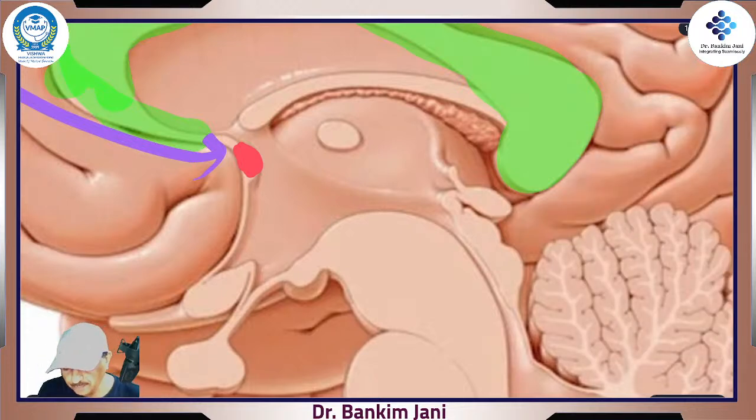See, such a structure, something like this, then this. All the structures have a meaning. This part is the posterior commissure.